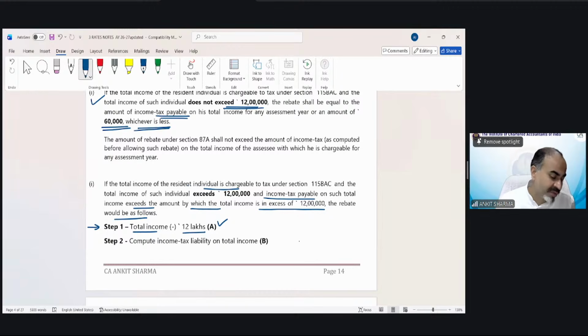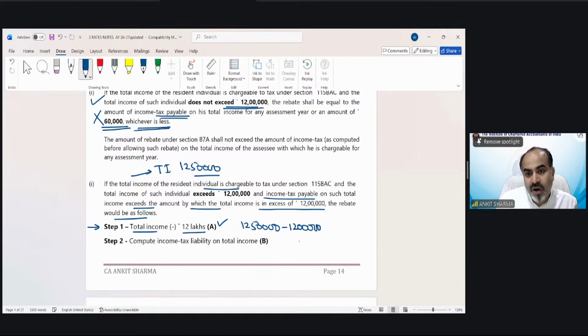Suppose in the question, total income has been given as 12 lakh 50,000. Now, as per point number 1, you cannot claim the rebate because income exceeds 12 lakh. But as per point number 2, there might be rebate applicable. So step number 1 says total income given in the question less 12 lakh rupees. This is a fixed limit; you have to reduce it always.